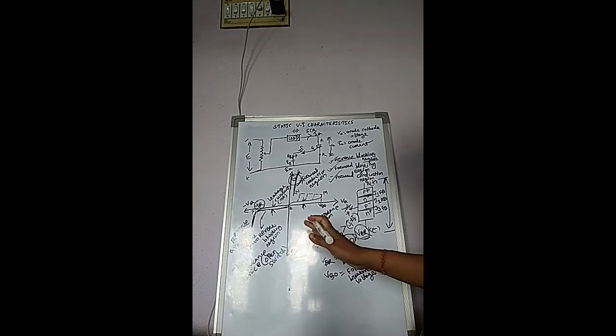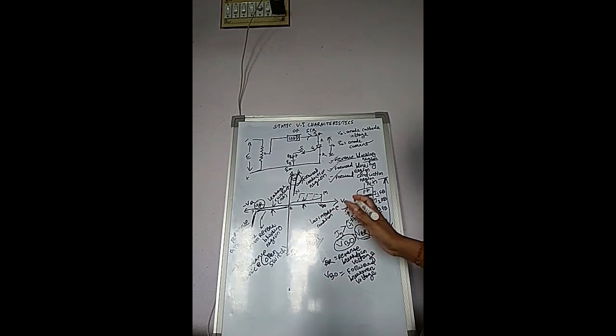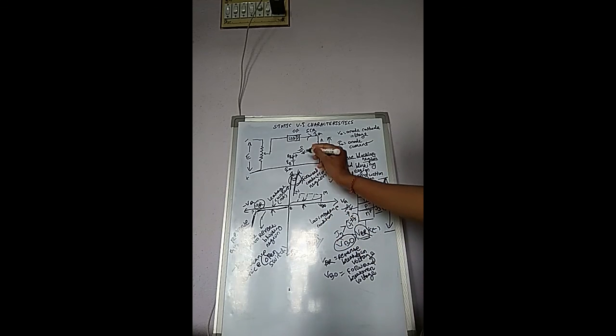So the forward voltage at which the device switches to on state depends upon the magnitude of gate current. This is Ig.